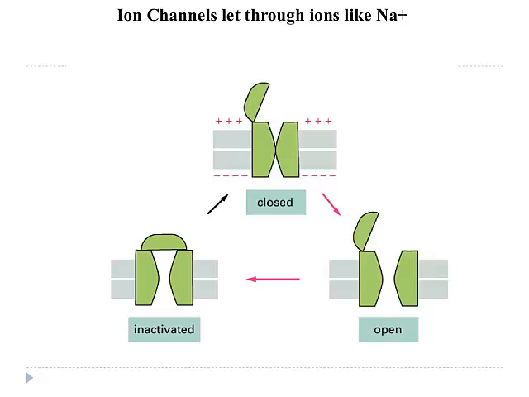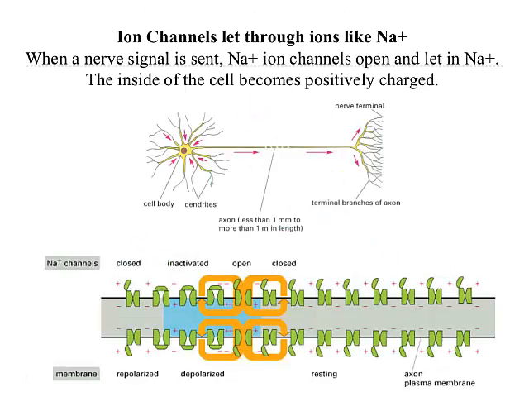But once it opens, you get an influx of the sodium changing the charge. Previously it was negative, and now the charge flips just in that region of the channel.